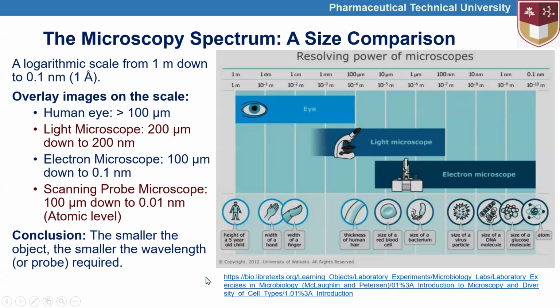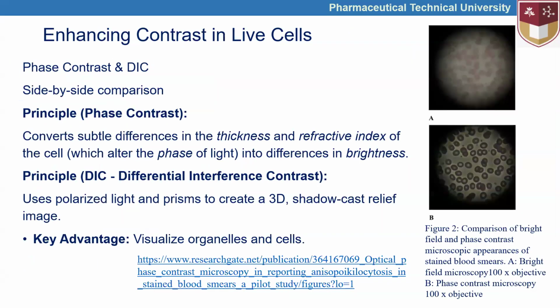In order to understand electron microscopes and other types of microscopes, we need to go deeper into the physics of electromagnetic waves. Next. Okay, and now we are going to understand some light microscopes. When we use some light microscopes, sometimes we obtain images that are not very clear.